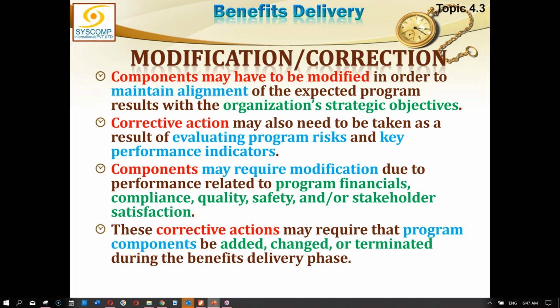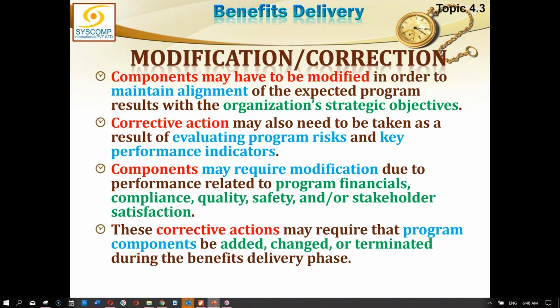Then if there are any corrective actions, they may also need to be taken as a result of evaluating program risk. The program risk which we are evaluating against every benefit, changing those program risks may tantamount to giving some corrective action which will be inducted into the plan. Components may require modification. Components means the projects within the program, due to performance related to program financials, compliance, quality, etc. So those things can also impact and they can also result in modification.